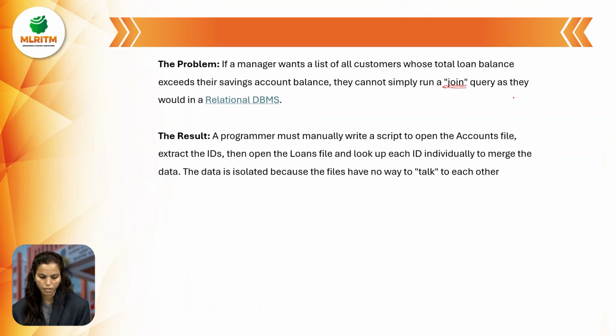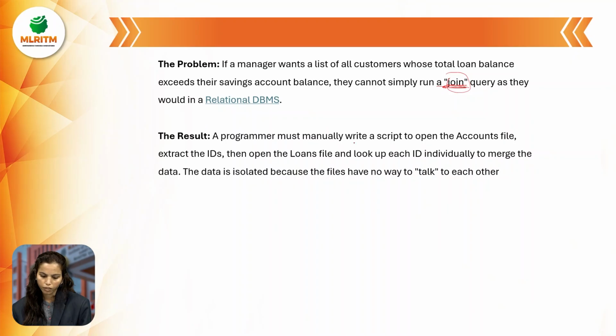In a relational DBMS, only where there is a connection between more than one table, if we need to fetch some data, we apply join conditions. Whereas in a file management system, we do not use queries. So how can we retrieve the data from files?